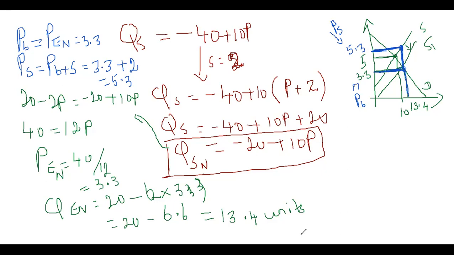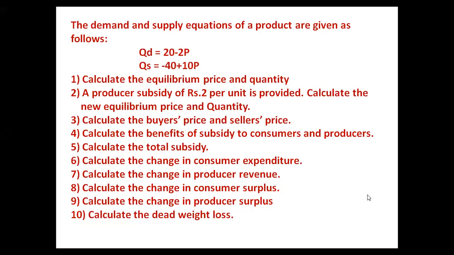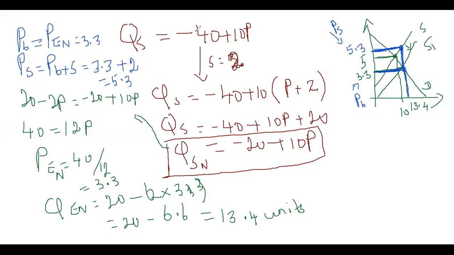Now we'll come to the next part of the same question. Calculate the benefits of subsidy to the consumers and producers. That means if a subsidy is given by the government, it will benefit consumers as well as producers. Now we are going to discuss how to find the consumer benefit and producer benefit.